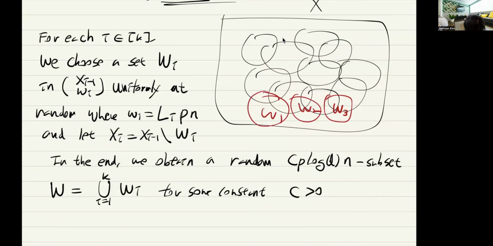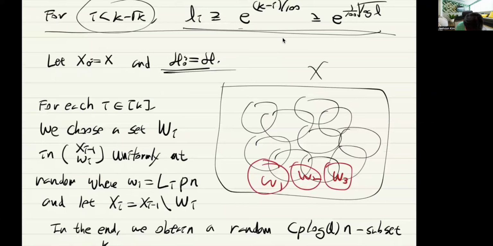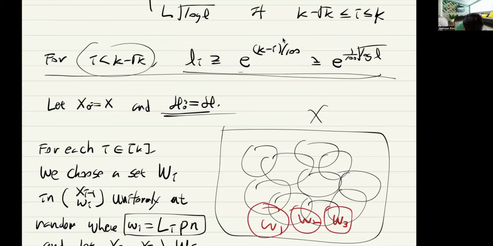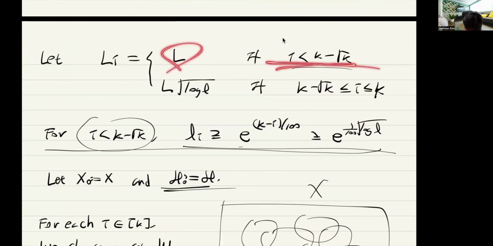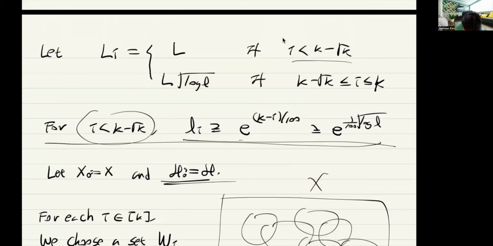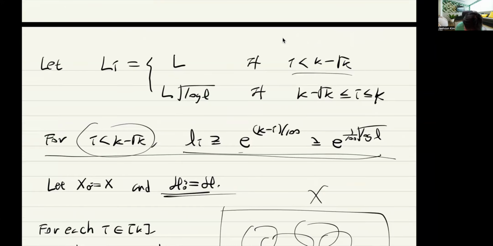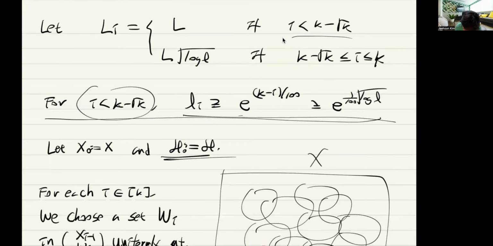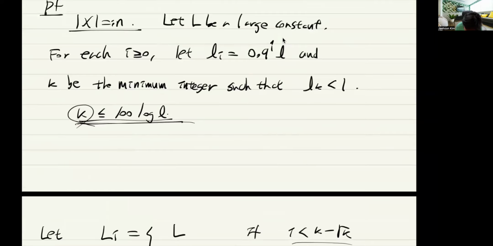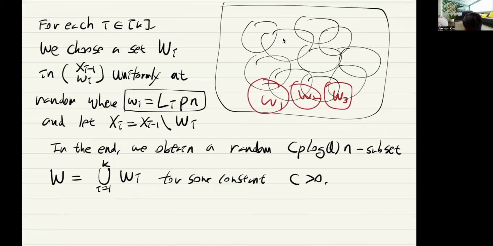So why do you define it this way, right? Li is L for this many. So every time you choose a set of the same size, up to i equal to K minus square root of K, and K minus square root of K is roughly like log L. So this gives us P times log L times N times some constant set.